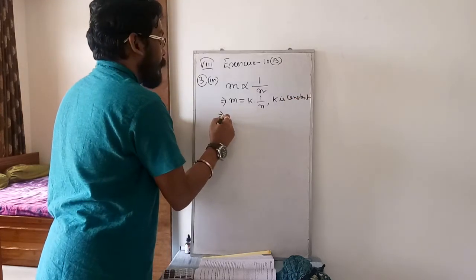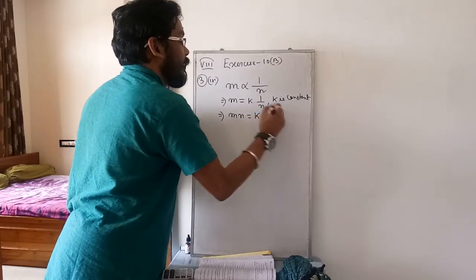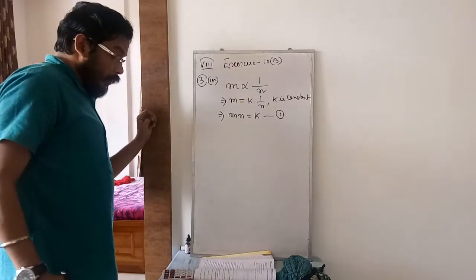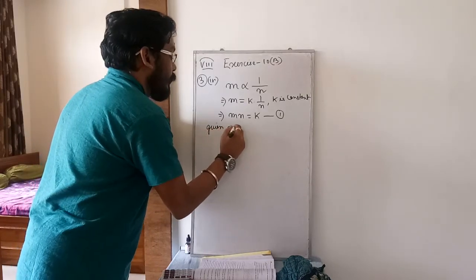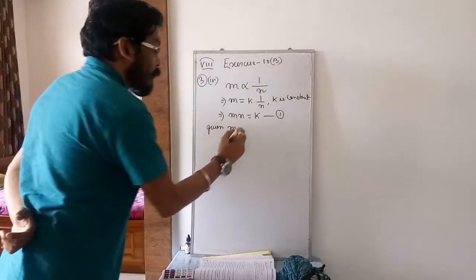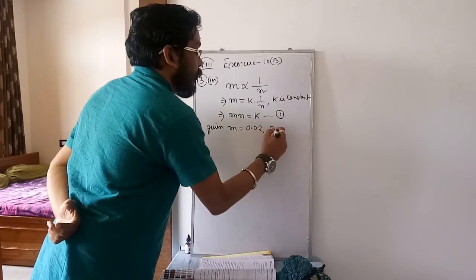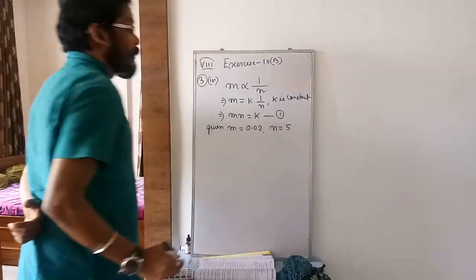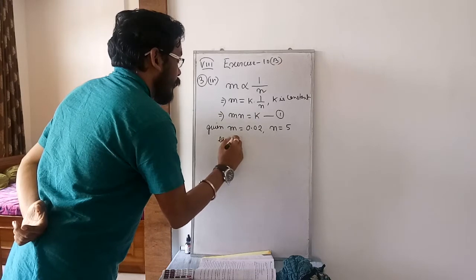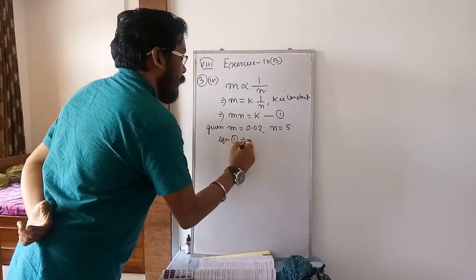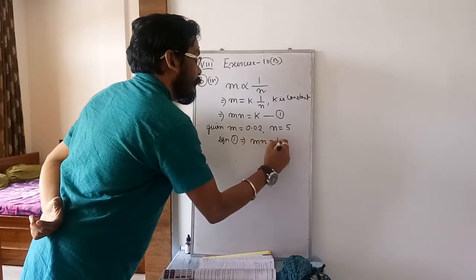Okay, multiply it, MN equal to K, give as equation 1. Value of M and N given. M is given 0.02 and N value given 5. Since you know both the values of M and N, you can easily find out the value of K, because K is constant.